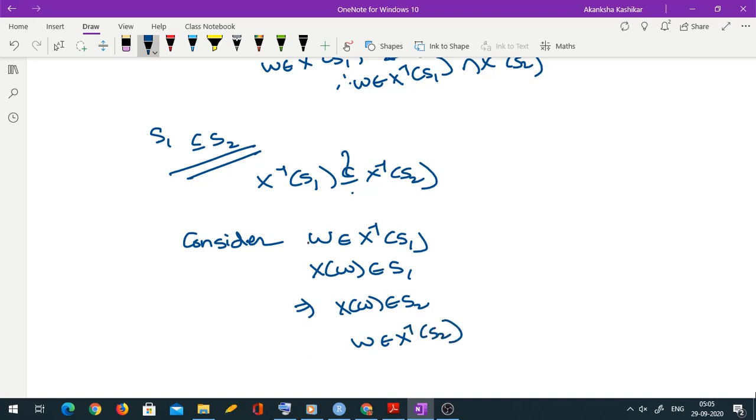Even though we started with omega belonging to x inverse of S1, we ended up getting omega in x inverse S2. So we have proved that x inverse S1 is a subset of x inverse S2. Okay. So now your homework is to try and complete the remaining proofs. I have given either partial or no proof, but all of them are very easy. So please try and complete them. Okay. Thank you.